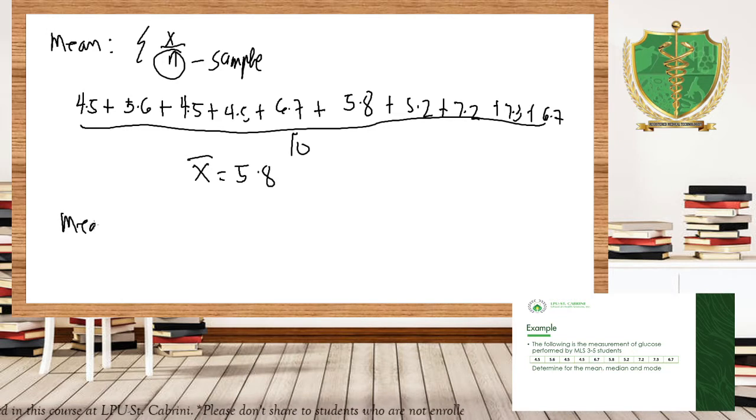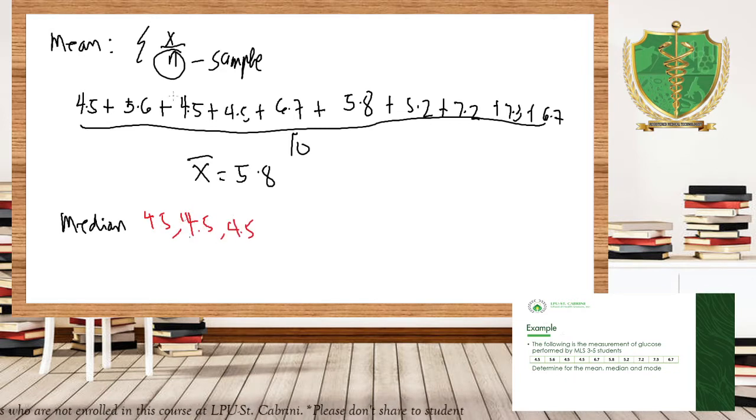Now how about the median? We're just going to arrange our values based on magnitude to get the middle sample. Our lowest value is 4.5, so we're just going to arrange it: 4.5, 4.5, 4.5.